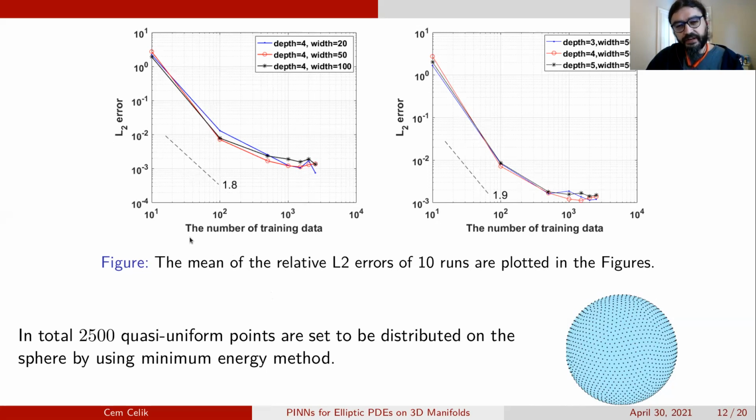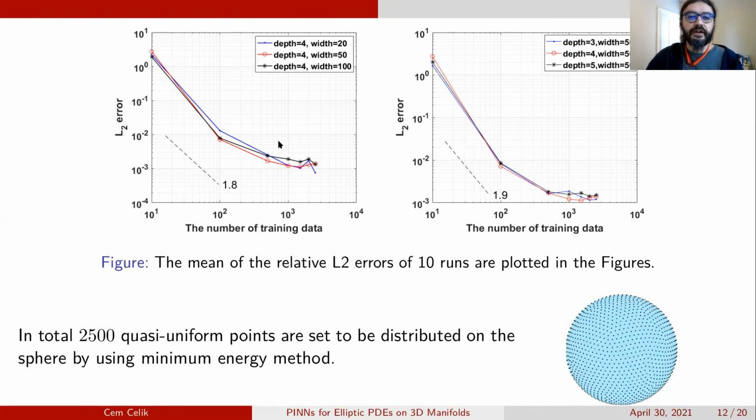And then they write here the number of training data, but I think this is wrong. It should be the number of epochs or something like this. It doesn't seem to be the number of training data to me. And they say these results are the mean of 10 different runs.